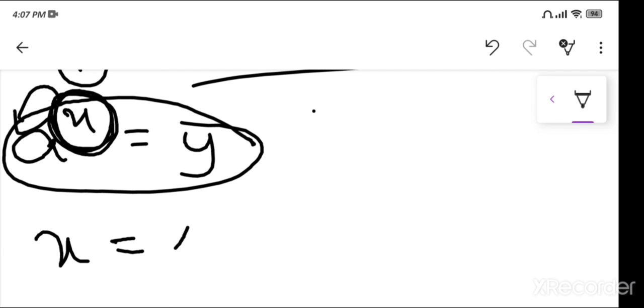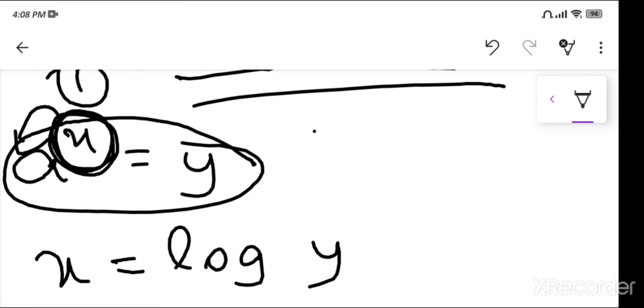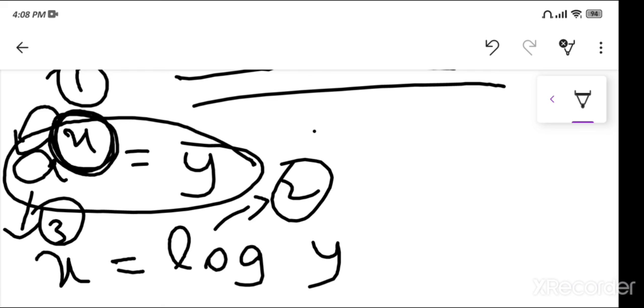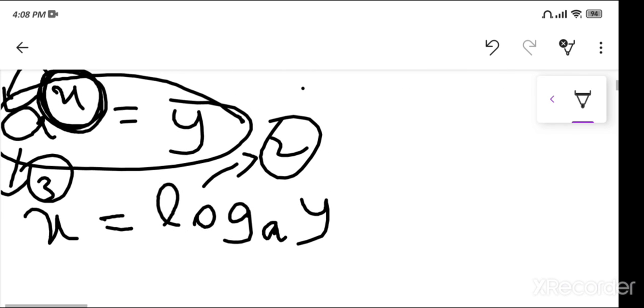Then you write log, and y as it is. This is the second step you need to remember. And the third step is that the main value a becomes the base. In logarithms we call it the base.